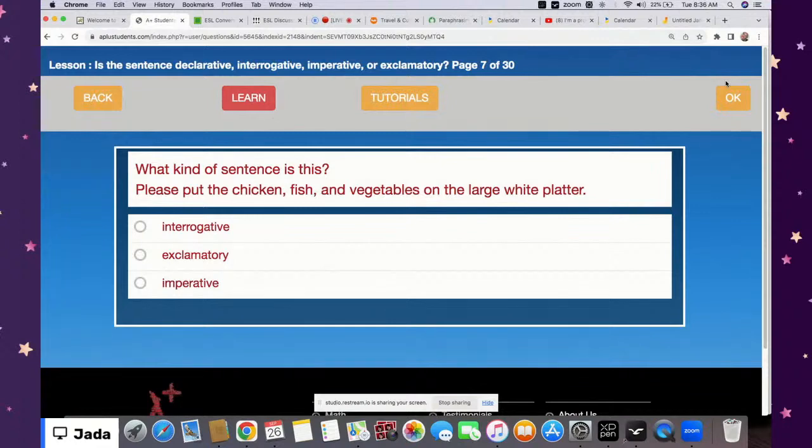Please put the chicken, fish, and vegetables on the large white platter. Think carefully, then you tell me. Is it interrogative, exclamatory, imperative?